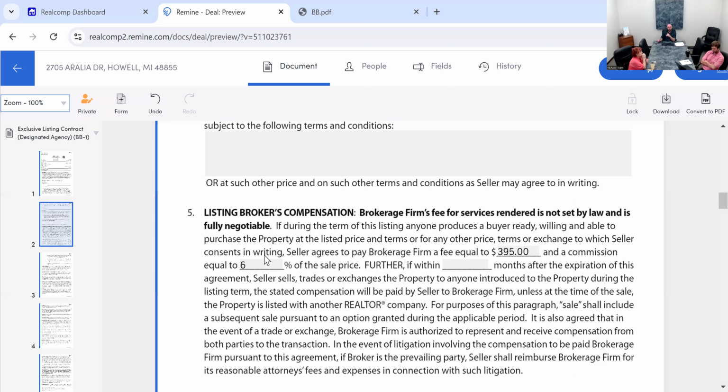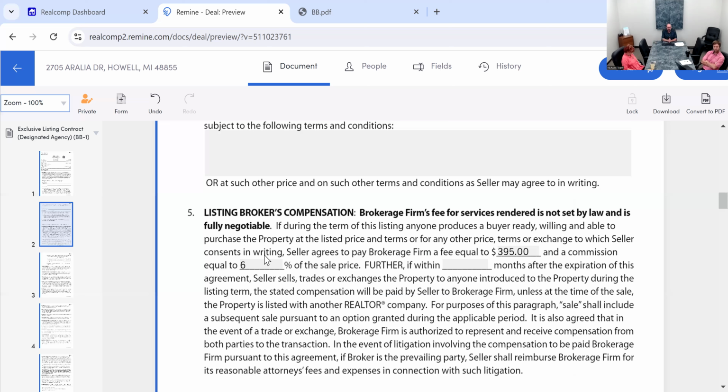If you're not willing to pay me the 6% for my full services, yeah, I'm open to negotiating, but understand that at 5%, I'm not going to do professional photos. You're not going to get what I'm offering. So if you want what I'm offering, that's what I'm comfortable doing for you, this 6% is what I am charging.